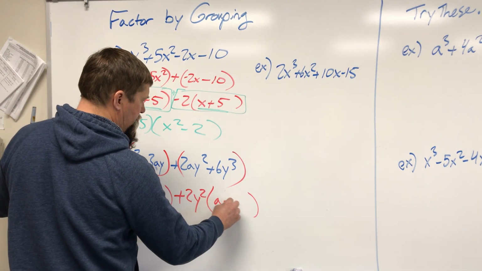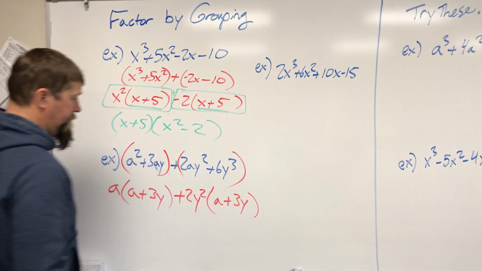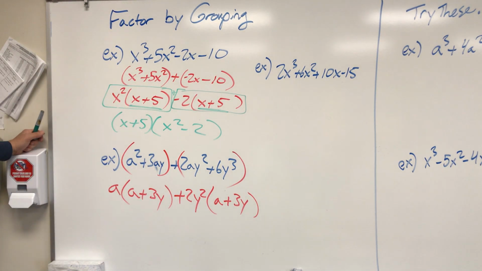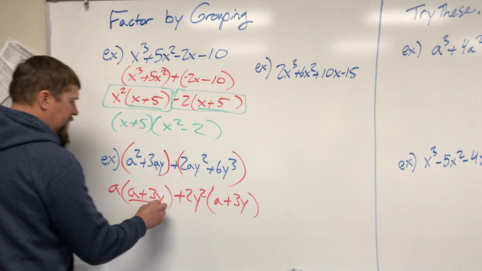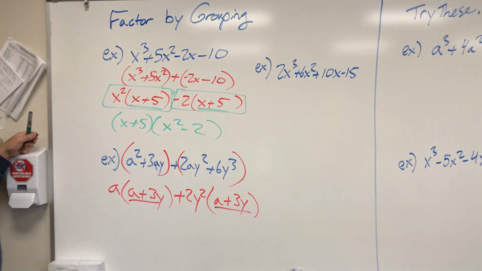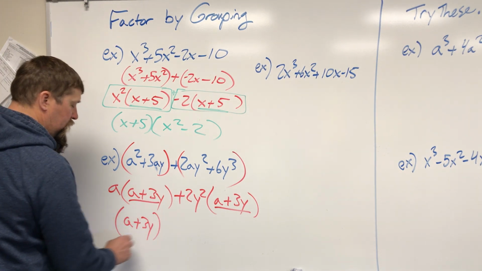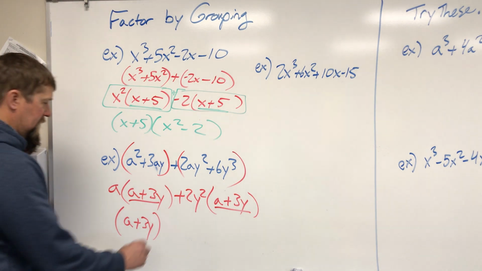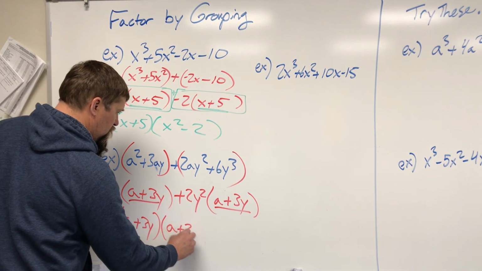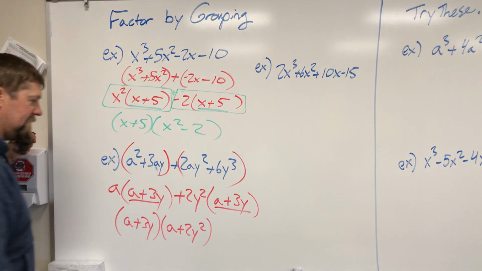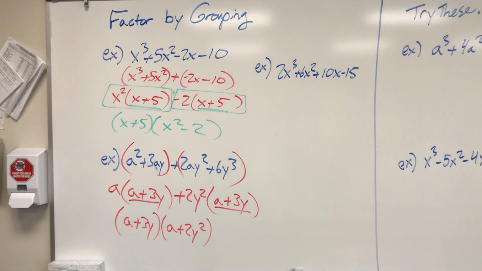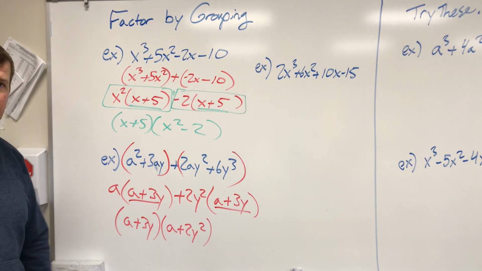Leaves me with a plus 3y. You can only factor by grouping if these are the same, because now you take that out. A plus 3y, you put that out front, leaves you with a plus 2y squared left on the inside. That's your factored by grouping.